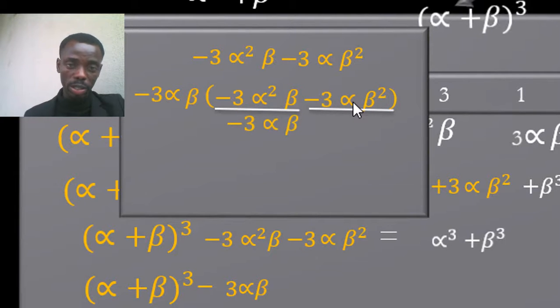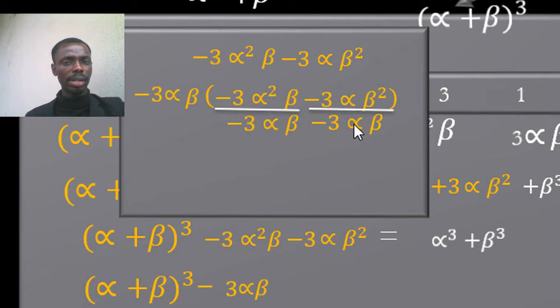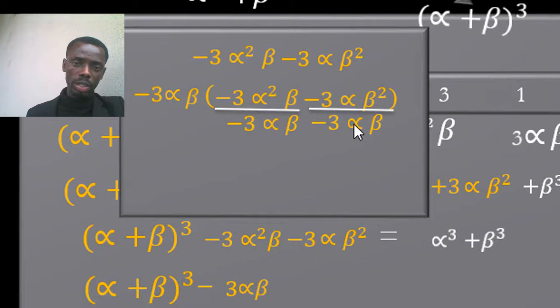Closing my brackets, I'm having the first term divided by my factor, and also the second term divided by my factor. We have been following well on our factorization series. That is how we do it. Factorization of long algebraic terms or short algebraic terms, this is the strategy we use.